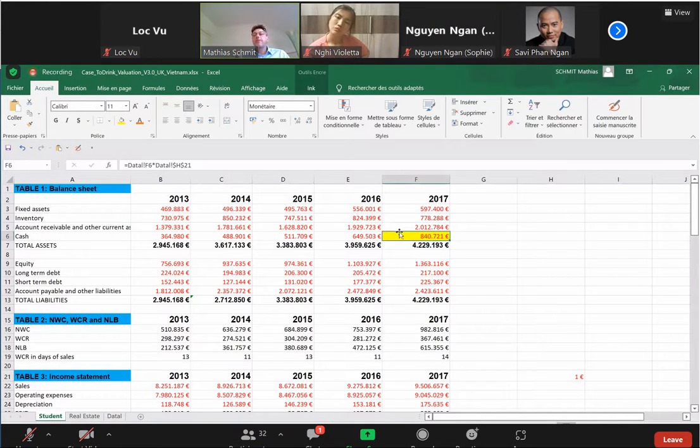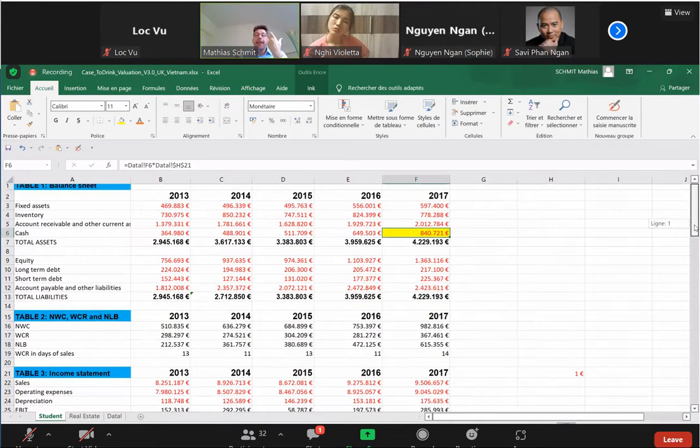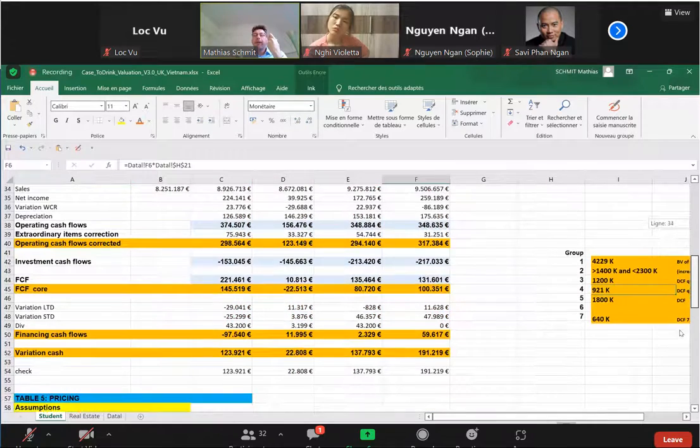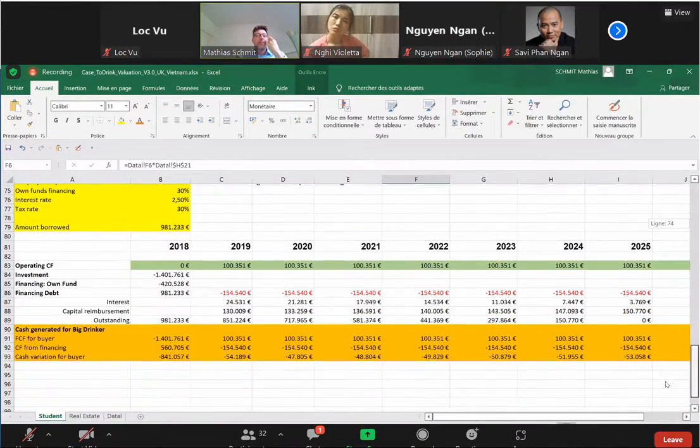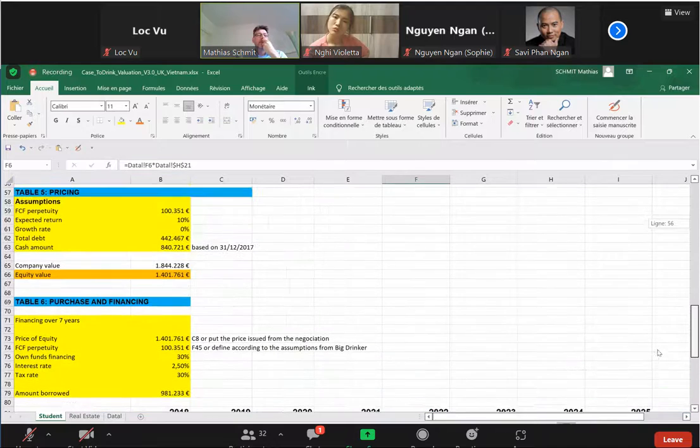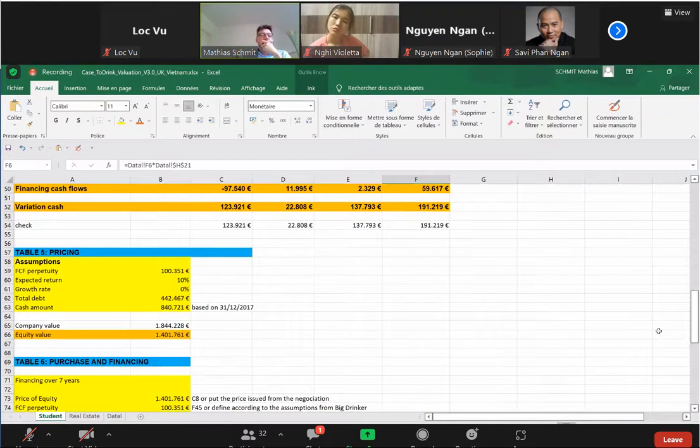You have this cash amount. In fact, the value that you calculate, the free cash flows, is without taking into account the cash amount. So the value of your company is the value of the perpetuity, so 100,000 divided by 10%, plus the value of the cash.